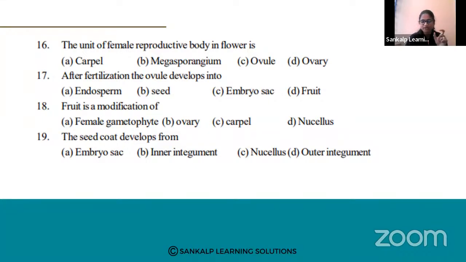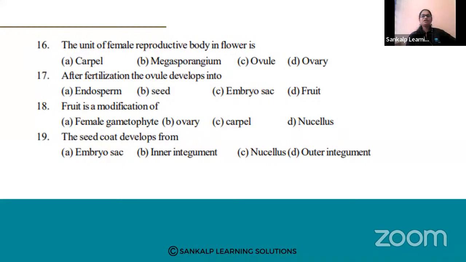Only 2 or 3 people answered it correctly, or 1. So option A, carpel is the right answer. One unit of the female reproductive body is called a carpel. One unit of the male reproductive body, we call it a stamen. So option A is the right answer. Don't think that you already know everything. You will always learn something new in every concept, especially in 11th and 12th.